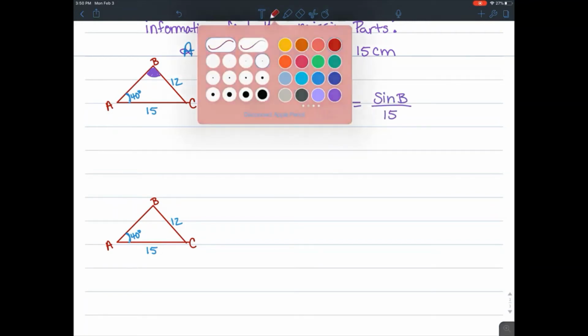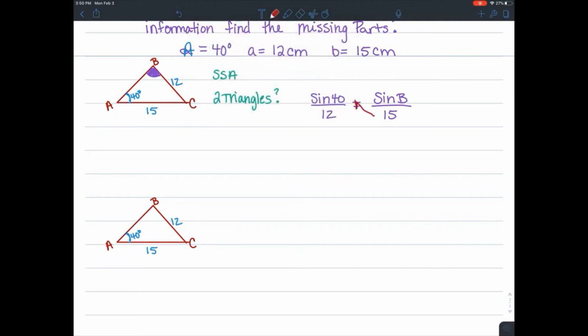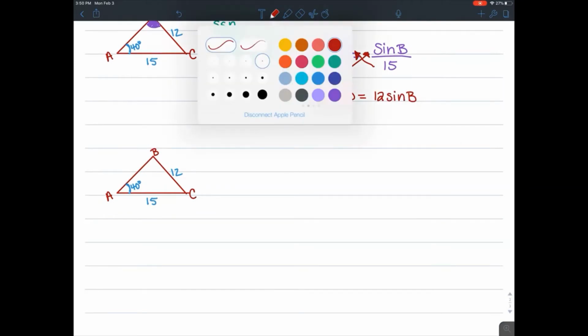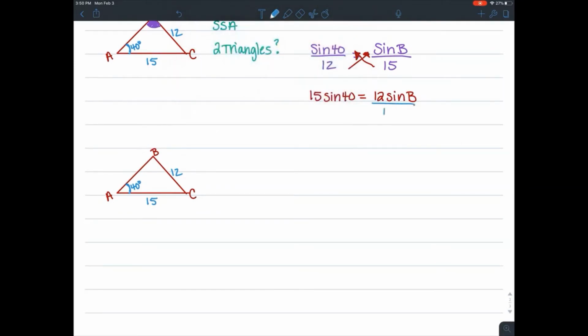All right, so now we can cross multiply and solve. So I get that 15 sine 40 equals 12 sine B. I'm trying to solve for B. So first thing I'm going to do is divide by 12.